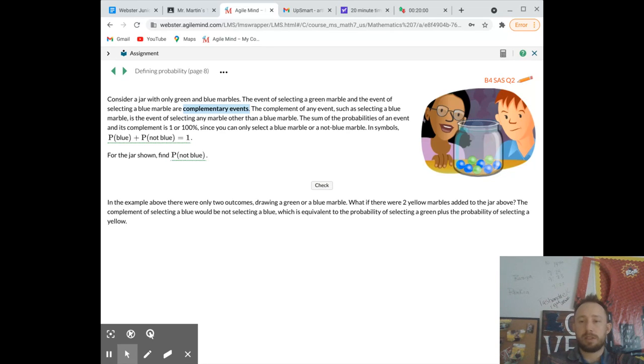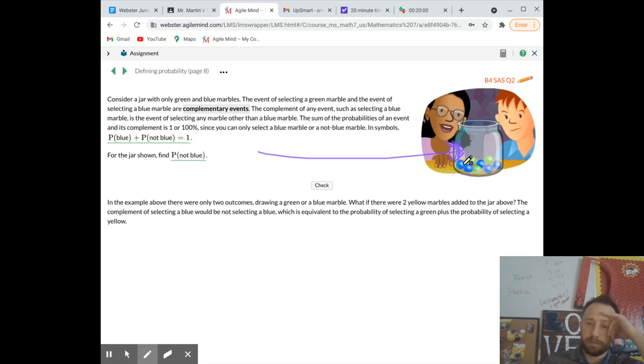All right. So with that being said, we can see this jar, right? Yes or no? Right there, that jar. Do y'all see that? So how many marbles do we have? 8.